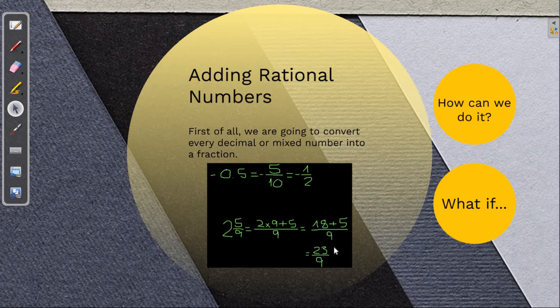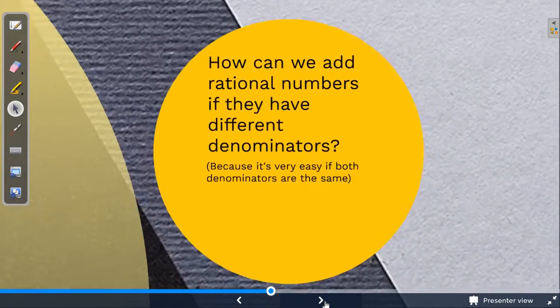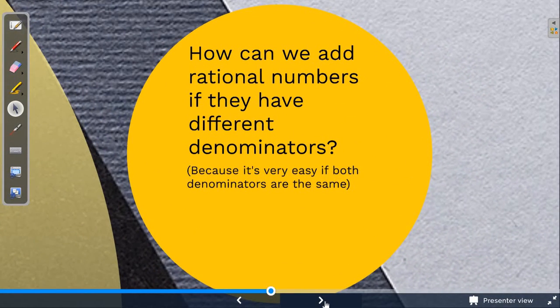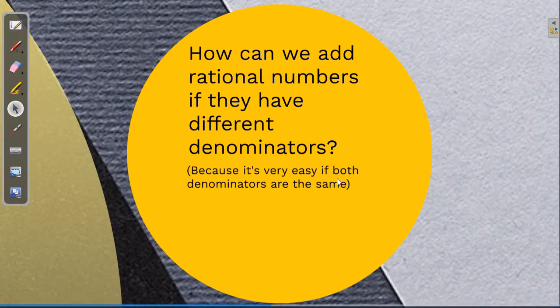So basically, how can we add rational numbers? Well, if both have the same denominator, it's really easy, but what happens if they have different denominators? Let's take a look first at the case where we have the same denominator.